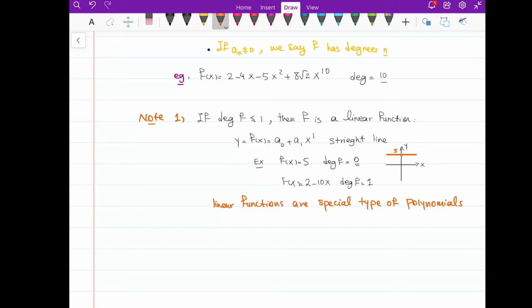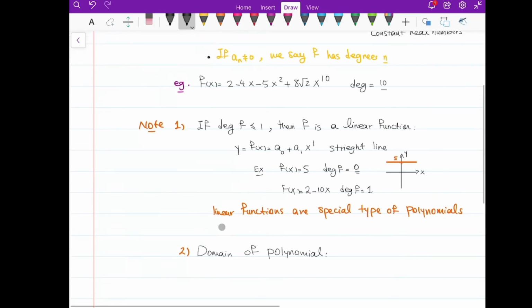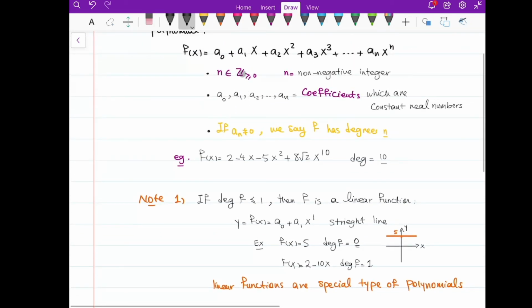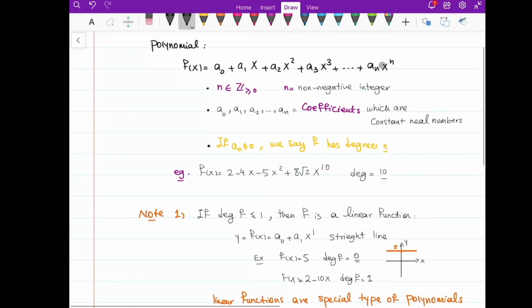And the second note that I want to discuss is about the domain and range of that. So the domain of the polynomial, what do you think? The domain is basically the set of all the inputs, the set of all the numbers that you can put for variables into the function.